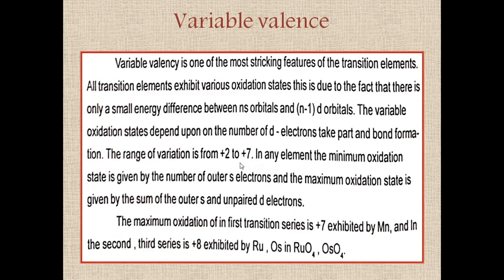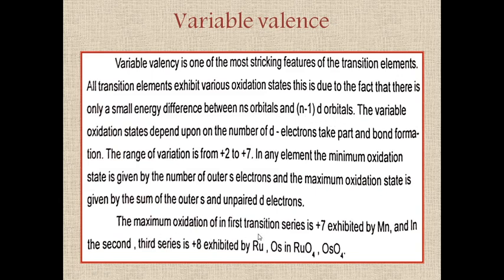+2 to +7. In any element, the minimum oxidation state is given by the number of outer s electrons and the maximum oxidation state is given by the sum of the outer s and unpaired d electrons. So the minimum oxidation state is from the ns orbitals. The maximum oxidation state is from the ns plus (n-1)d orbitals.